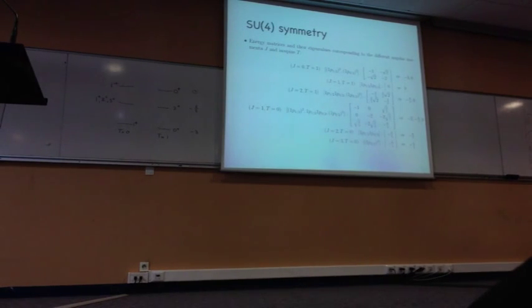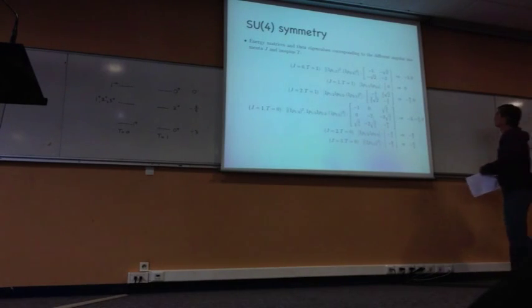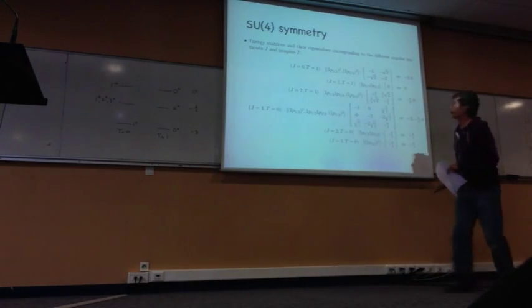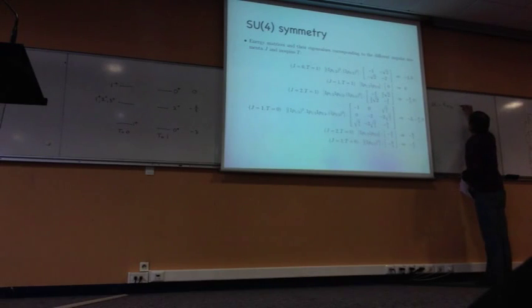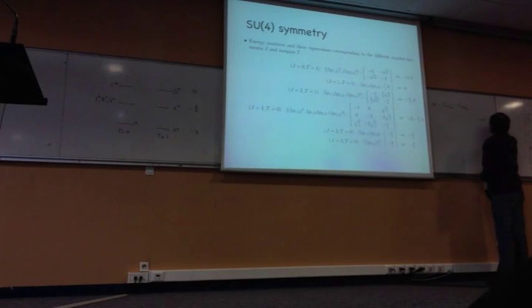If you look at the spectrum of lithium-6, let's introduce a delta epsilon, a splitting between the single particle energy of the P1/2 minus the single particle energy of the P3/2, because we know that you have some splitting.